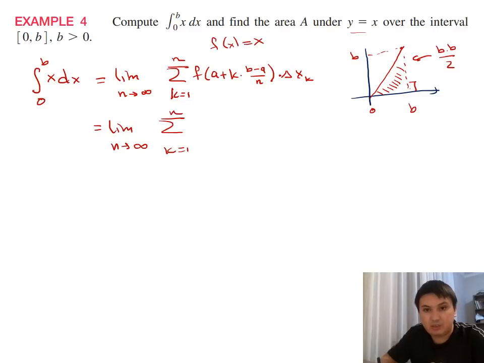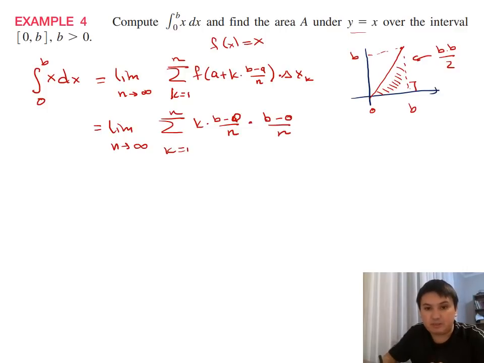So this f of k times b minus a over n simply becomes k times b minus a over n. By the way, a is 0, so this is simply k times b, times delta x. I'm picking the equal width partitioning, which means each partition will be b minus a, which is b minus 0, divided by n.